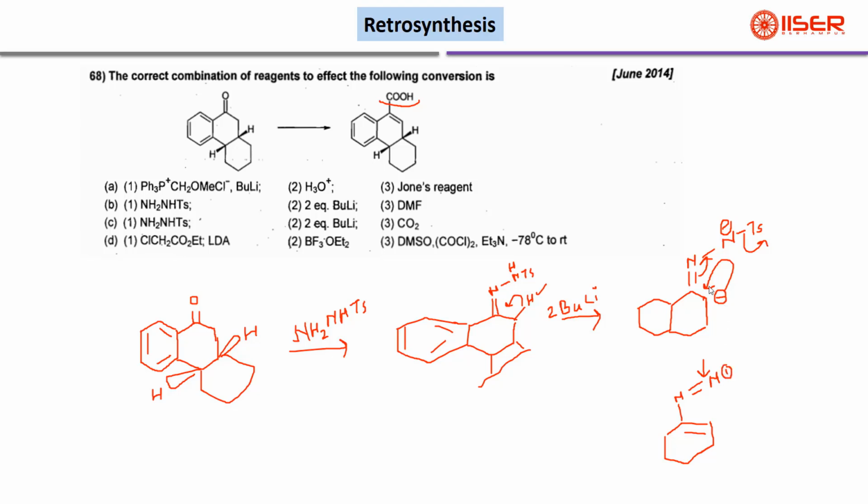This negative charge has been delocalized and the Ts group has been eliminated, but the negative charge is still on the nitrogen atom, so it will also be delocalized. As we know, nitrogen-nitrogen triple bond formation is always stable because it forms the N2 molecule, which is a neutral molecule.